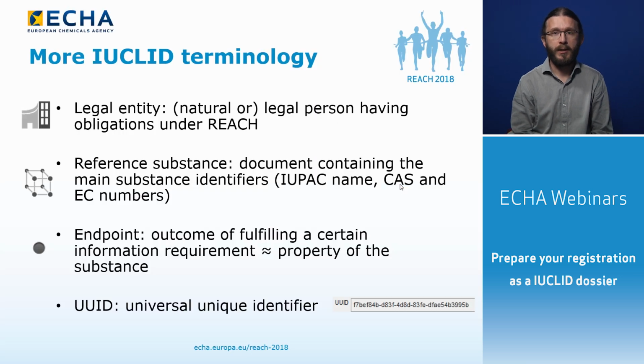We have now seen how to get Euclid 6 and an overview of the main functions. Before we continue with an overview of the data managed in Euclid, let's go through some key elements of Euclid terminology. First of all, when using Euclid, you will see the term legal entity. A legal entity is a document containing the details of the organization using Euclid.